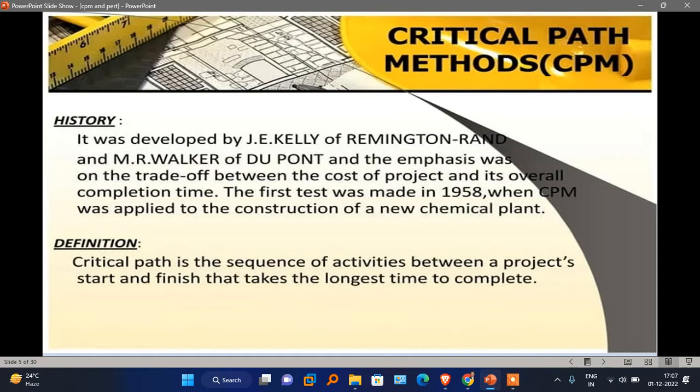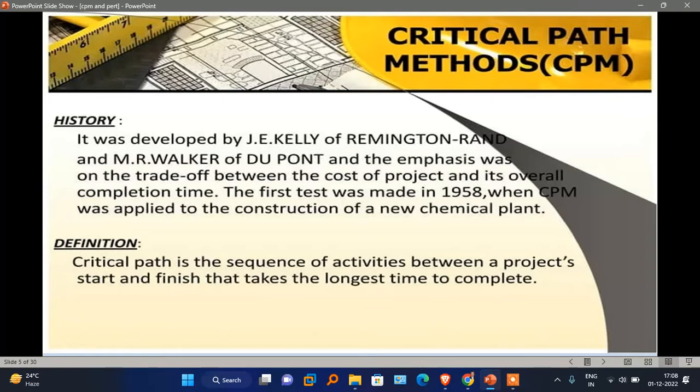Basically, these are the two main issues that need to be covered, because project cost and completion time are the two major challenges for a complete project. It was a challenge in a chemical plant, where they had to manage the cost and the time, so they adopted this critical path method.